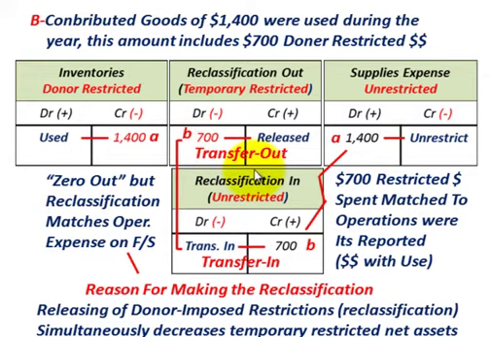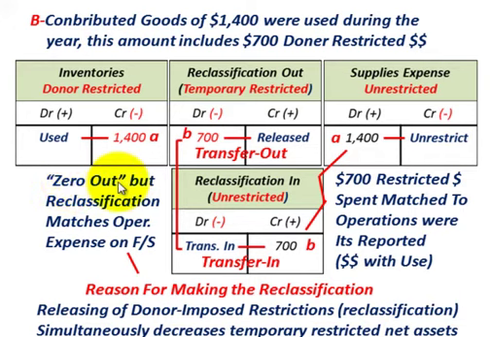And then the reclassification into the unrestricted amount, we credit that for $700. So we transferred it in to the unrestricted reclassification-in account, and it was transferred out from the reclassification-out from the temporarily restricted accounts. So you see, again, we have to make this reclassification-out and reclassification-in through those accounts.